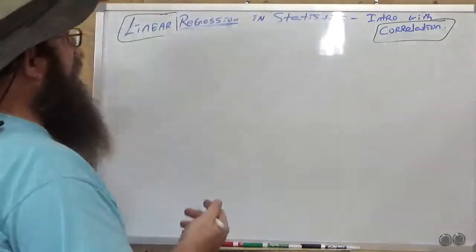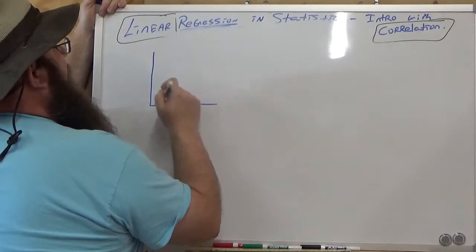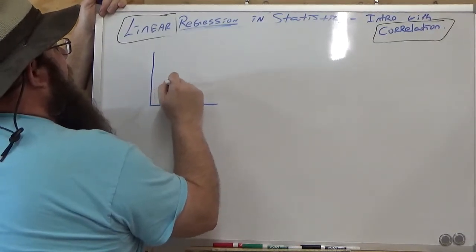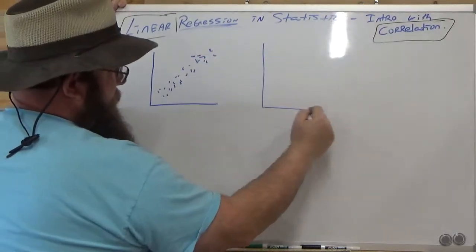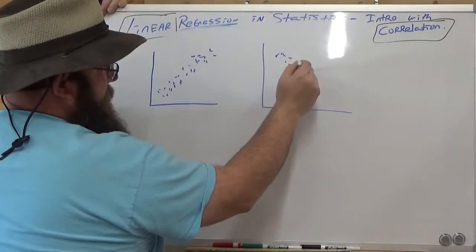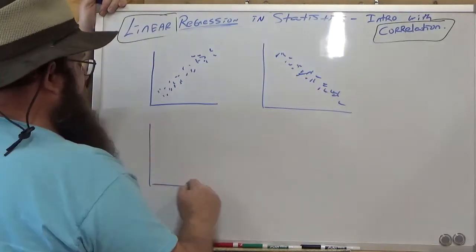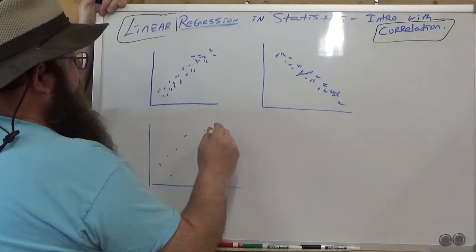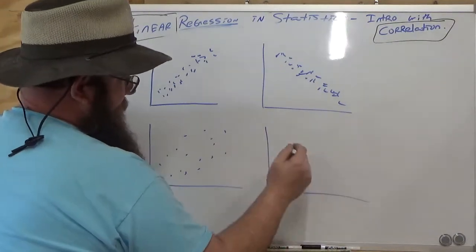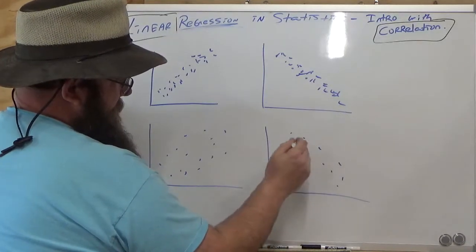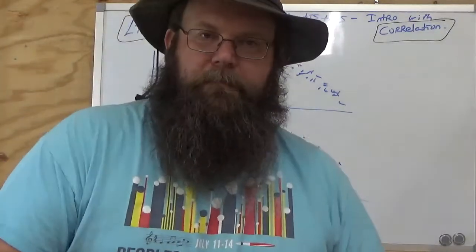So let's look at a few scatter plots. Here's a scatter plot. Here's 4 basic scatter plots.